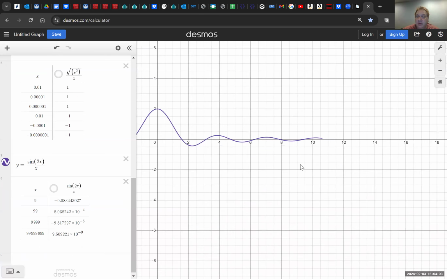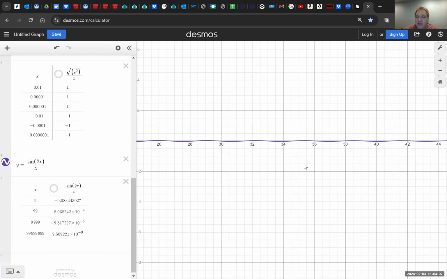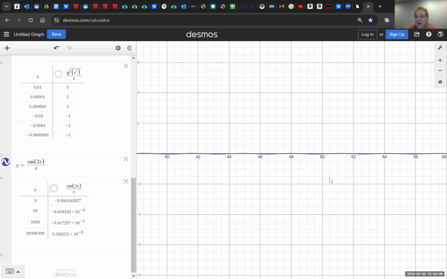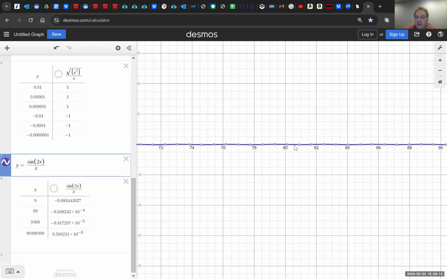If we look at our picture here, remember the graph is getting flatter and flatter. As we go out, I can't go to infinity, obviously, but as I go out further and further, you can see that the y values are getting very, very small. Here I'm only at 82, but the y value here is negative 0.008. Here it's positive 0.01.